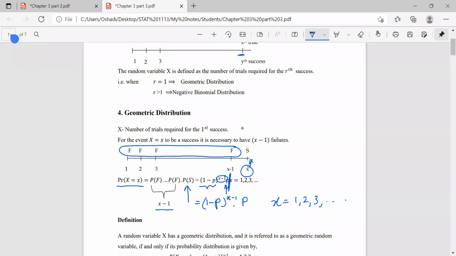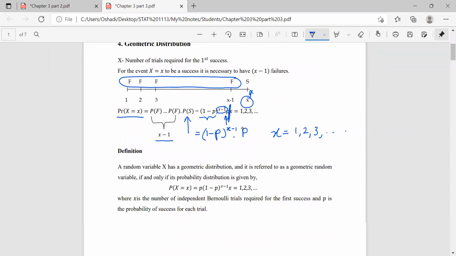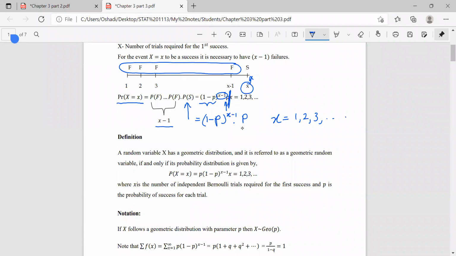So we are continuing the Bernoulli trials until we get the first success. So according to that explanation, we can define what is a geometric distribution.